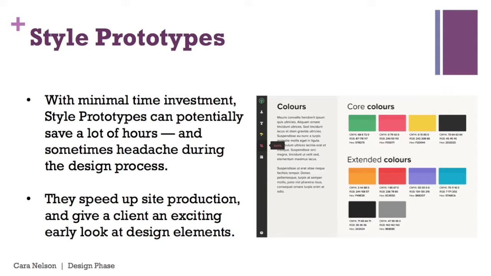But the reason why we prototype things is it can potentially save a lot of hours. It also brings your client into the process, because this is what they're going to understand the most, and this will become their branding, and this is how we're going to keep the site using the right color, the right look and feel. This will become the permanent part of the brand.